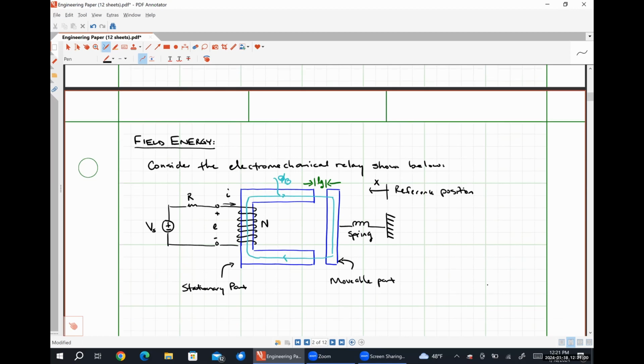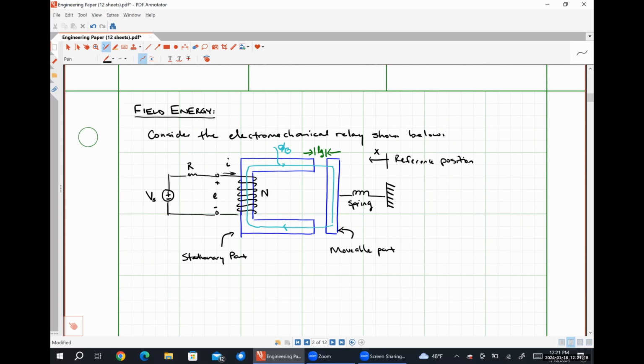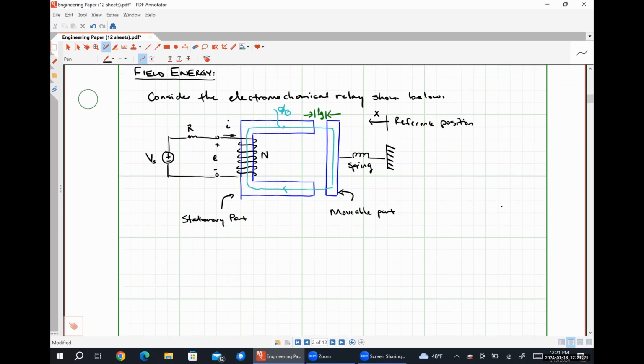So let's first consider a system that is at equilibrium, meaning it is not moving. So if our movable part isn't moving, let me write this down.